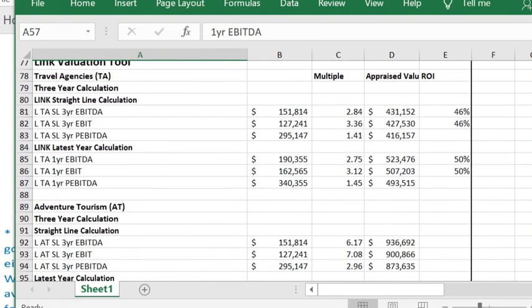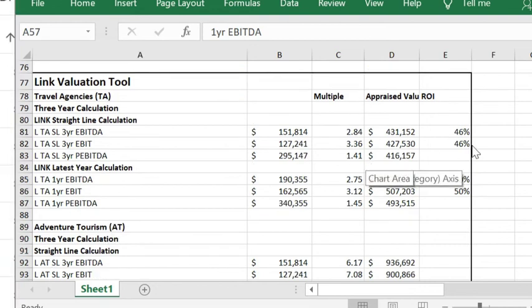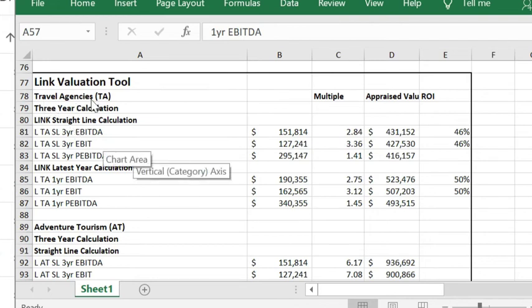The next part here is where he has cross-referenced those with the valuations that he's come up with in his link valuation tool. And as I mentioned, the link valuation tool is that tool where he can punch in some questions with some numbers attached to those. So, a rating of 1 to 5, and it'll spit out, based on different types of industries, a possible multiple that he may use to calculate valuation of a business based on either EBITDA, EBIT, or PBITDA.